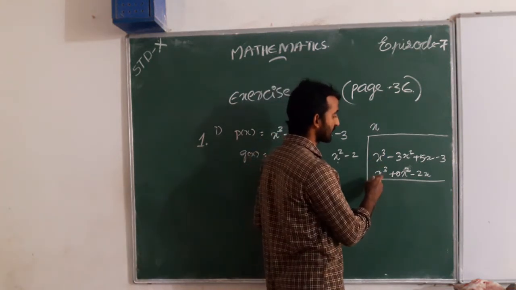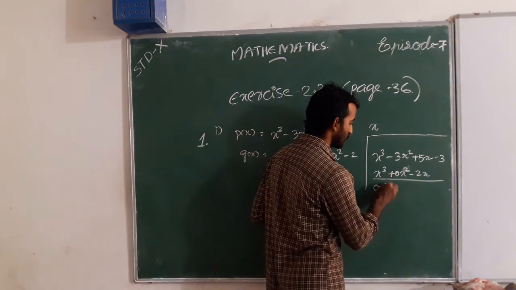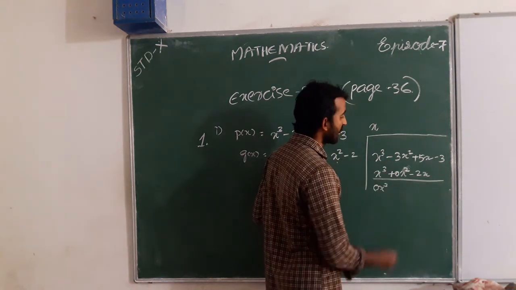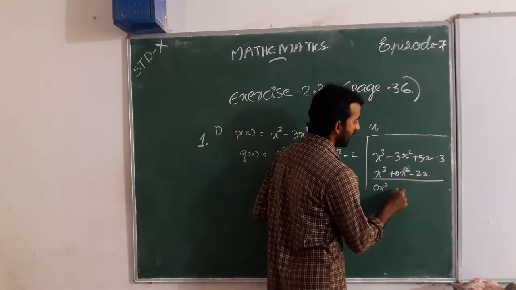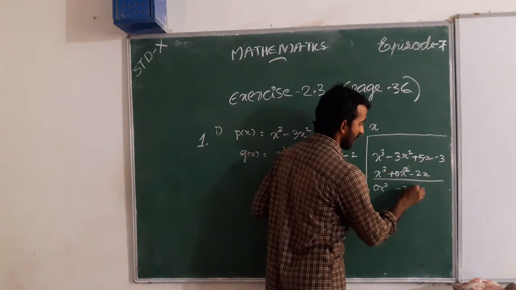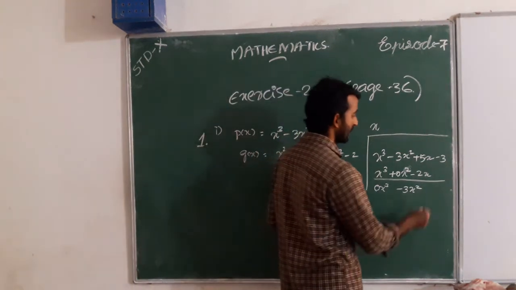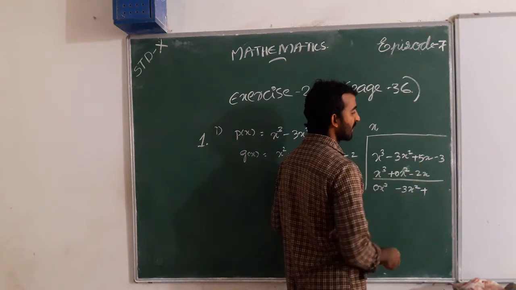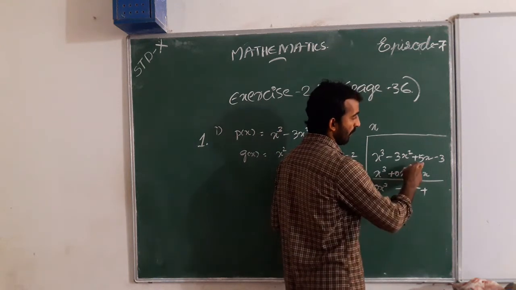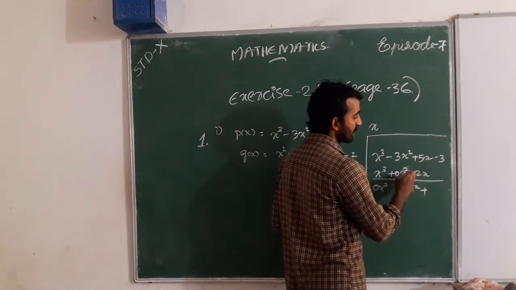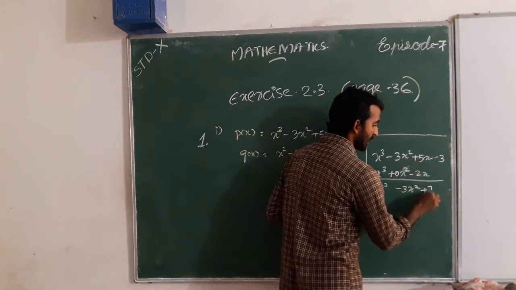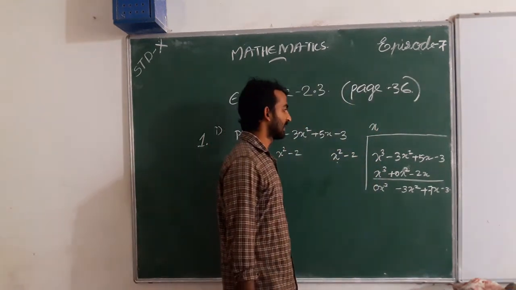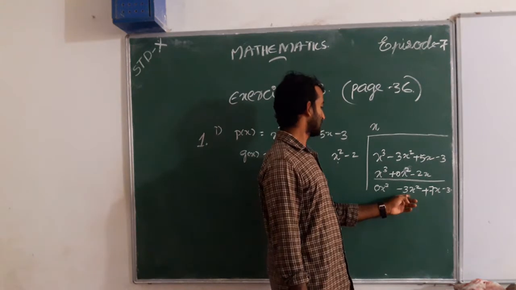That is x cube minus x cube, that is 0x cube. Here minus 3x square minus 0x square, we get negative 3x square, and plus 5x minus negative 2x, we get 7x minus 3. Next we want to cancel minus 3x square.